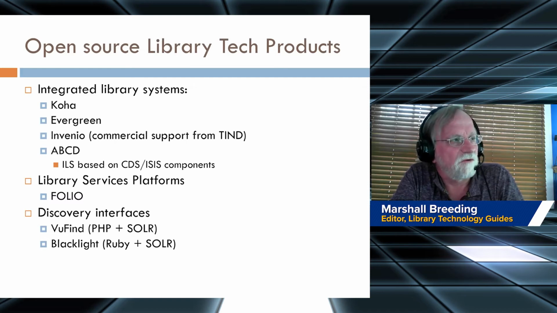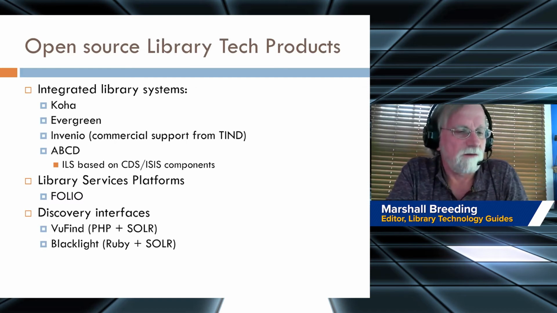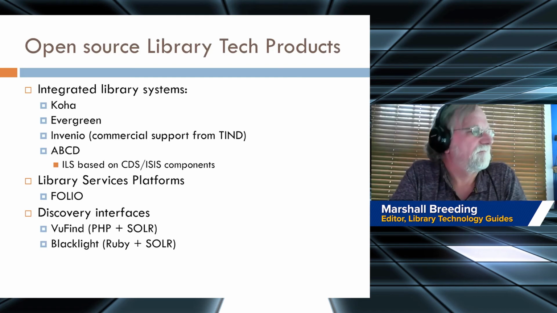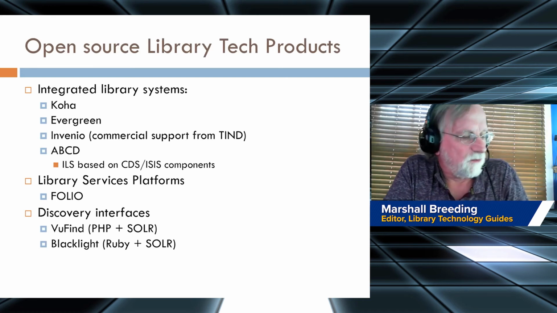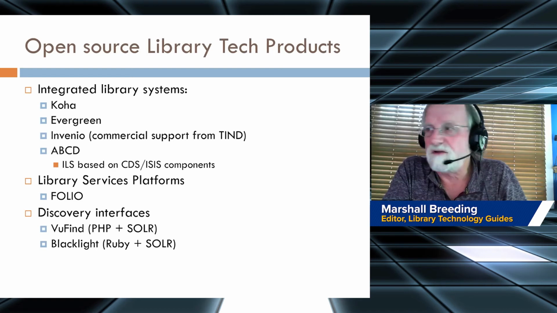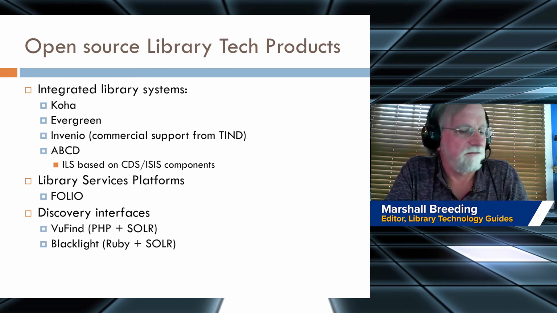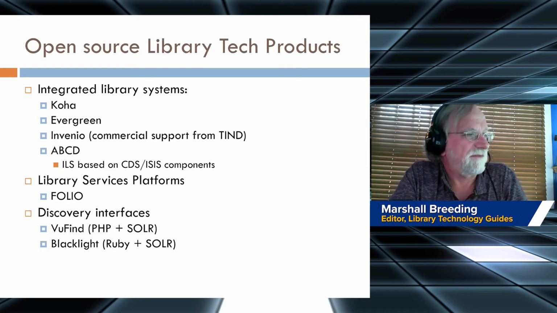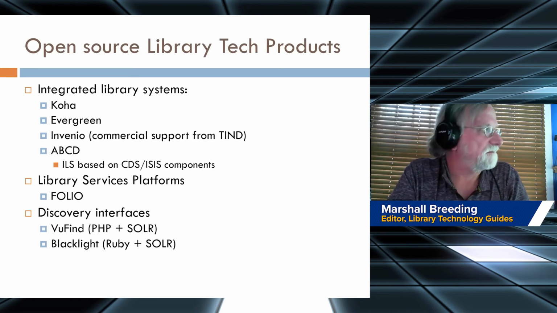Library services platforms are another, more comprehensive type of resource management system. Things like Alma and WorldShare are the commercial proprietary versions of that. FOLIO is the recently developed open source library services platform, built with a lot of support from EBSCO, but also with Index Data and maybe a half dozen other commercial companies involved in its development.